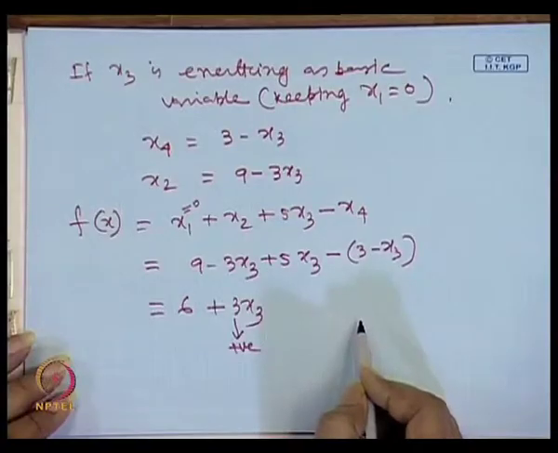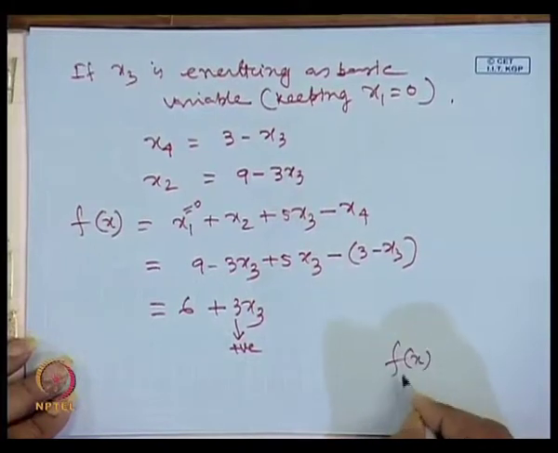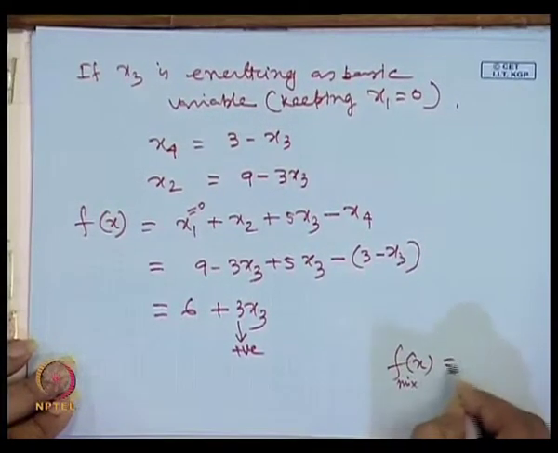We cannot change the non basic and basic variables that we have. This is our actual optimal solution, and it will give the minimum value of the function. For this problem, the minimum value of the function is f minimum is 6.